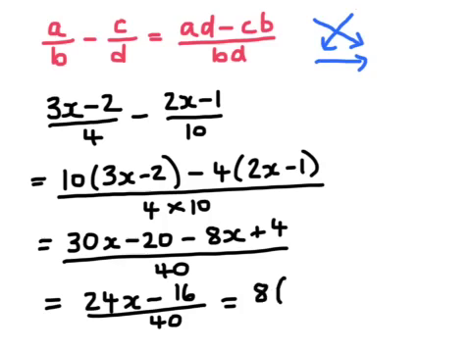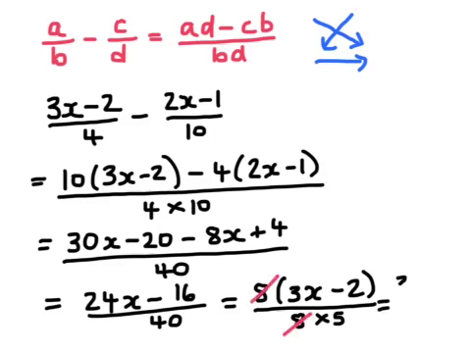Now, I'm going to factorize, so what do I multiply 8 by to get the 24x here? So that's going to be a 3x minus an 8 times 2 is 16, divided by 40 is 8 times 5. So I can now cancel the 8's top and bottom, and that leaves me with 3x minus 2 divided by 5.